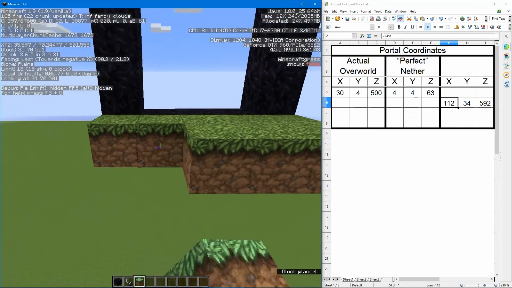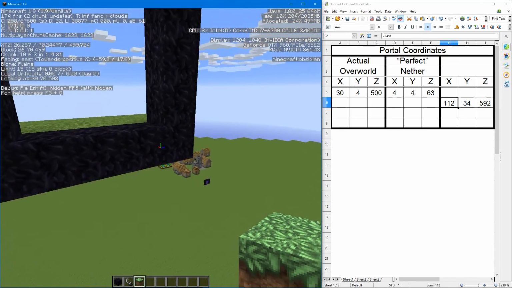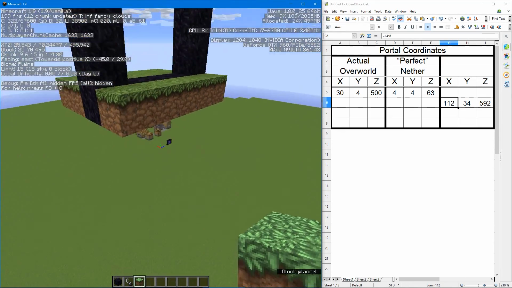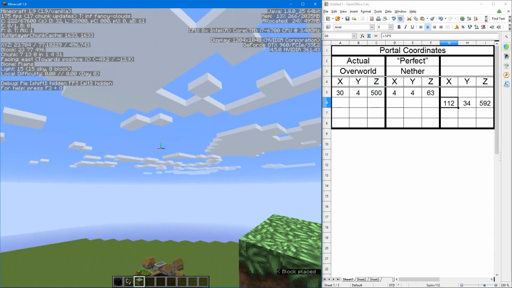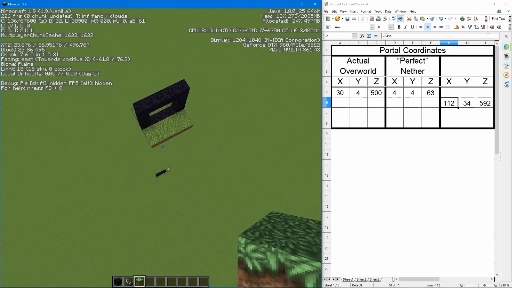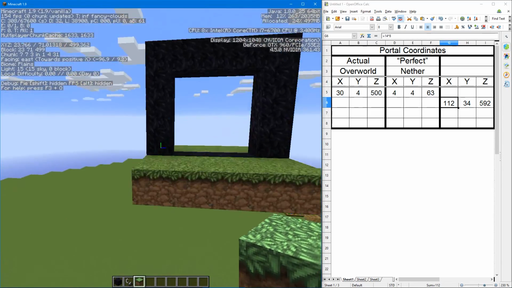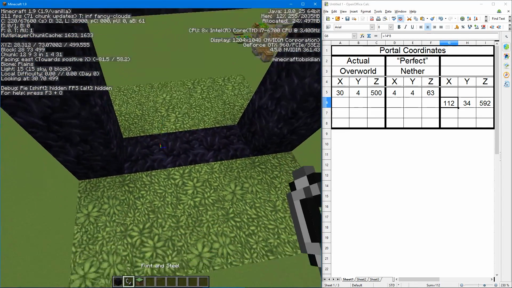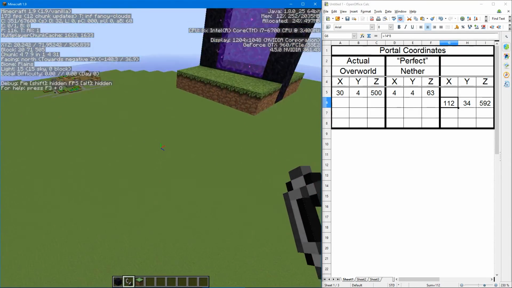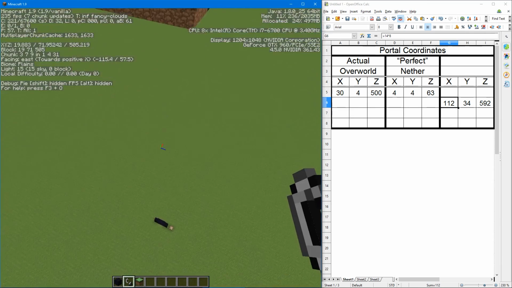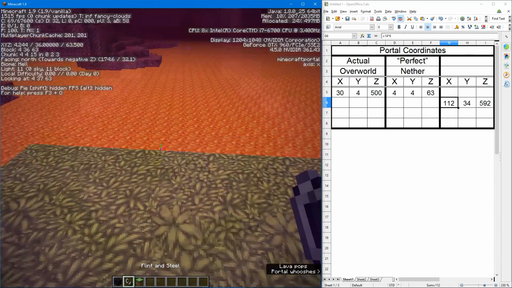So this will always try to link to a portal near Y70 or even higher. But when you start dealing with portals that are really high up in the ceiling, like at Y120, or really low, it's sometimes going to cause headaches, especially if you get a couple of portals fairly close to each other. Like this one right now will still link in another to that one that's just floating here.